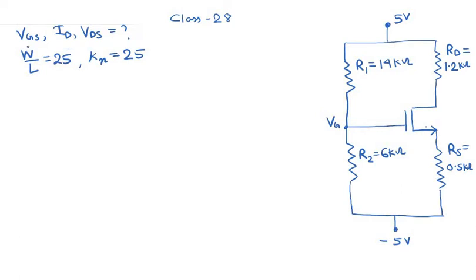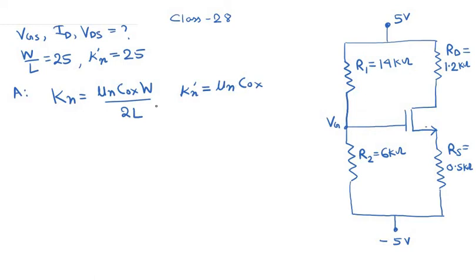Okay, so let us find out the conduction parameter first. So we know that capital Kn is equal to mu n C ox W divided by 2L, and the small kn or kn dash is basically the process conduction parameter, which is mu n C ox.